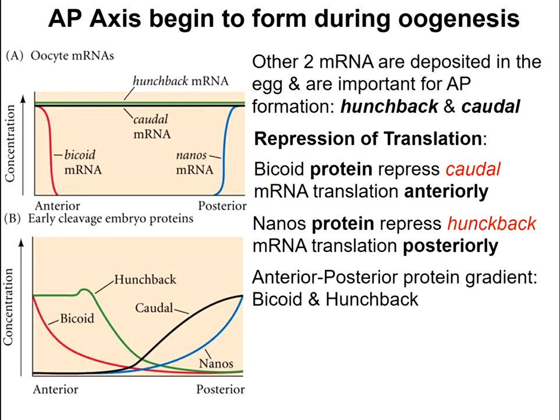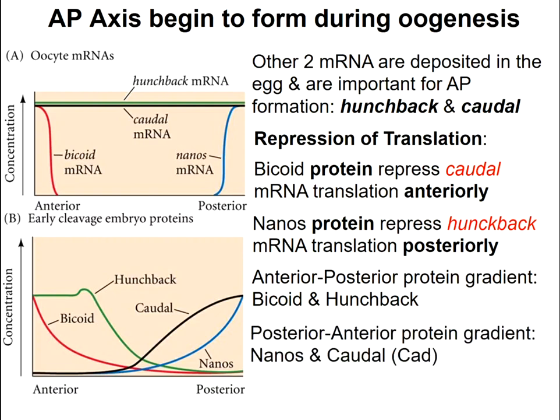So, because of the concentration of bicoid mRNA and nanos mRNA in the anterior and posterior position, respectively, and because they then are translated into protein, mostly anteriorly bicoid and mostly posteriorly nanos, these two gradients also control the translation of hunchback and caudal anteriorly and in a posterior position.